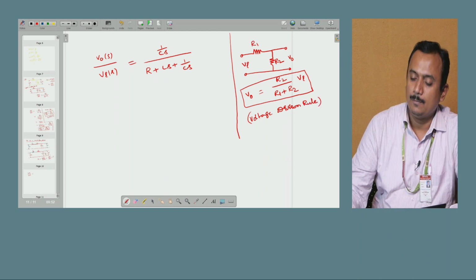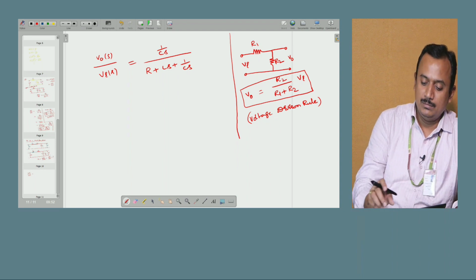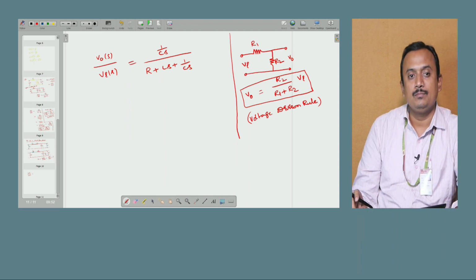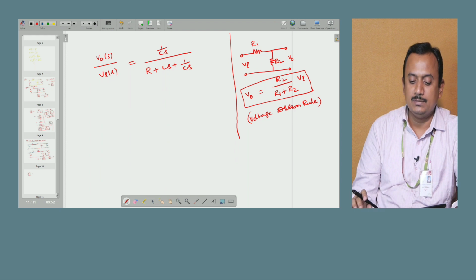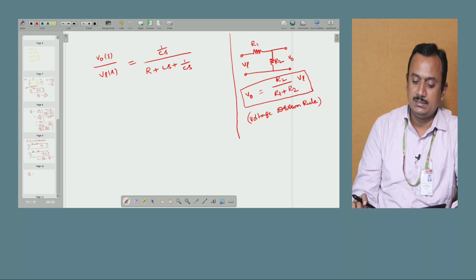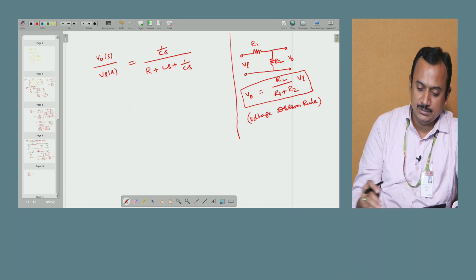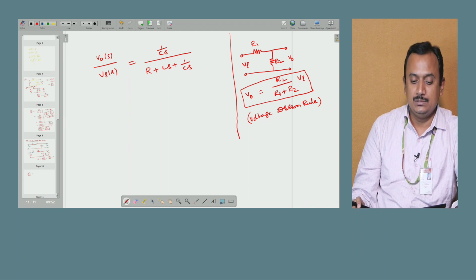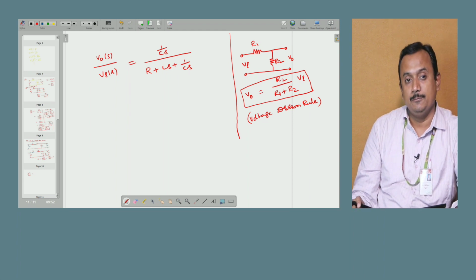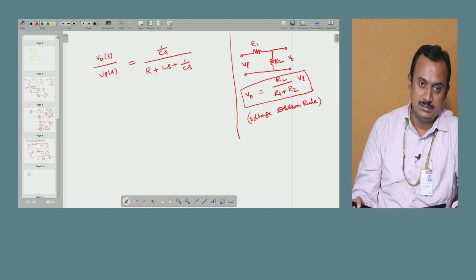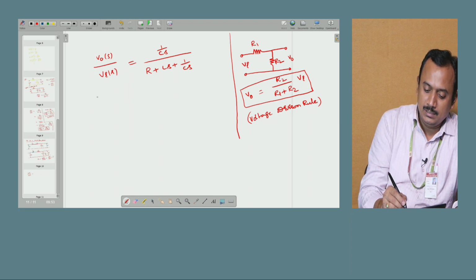Voltage division rule. The same formula if you apply here also, you are going to have V naught of S is equal to 1 by Cs divided by R plus Ls plus 1 by Cs into Vi of S. That Vi of S I brought into the left hand side, so that it becomes V naught of S by Vi of S is equal to 1 by Cs divided by R plus Ls plus 1 by Cs. Now if I rearrange this, what I will get?